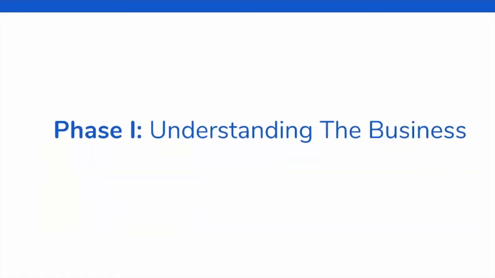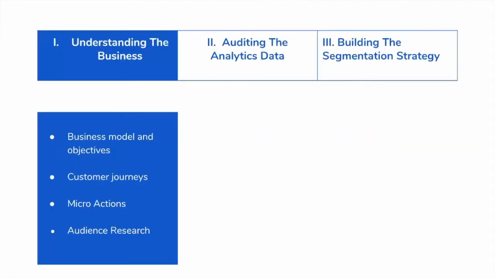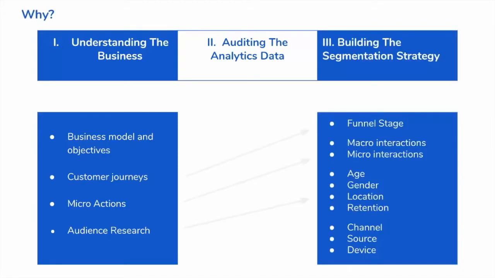The first one is mainly about understanding the business to give context to the data you are going to segment later on. And it's very important how you do that, because it's going to highly impact the way you are asking questions later on and the way you are looking at data.